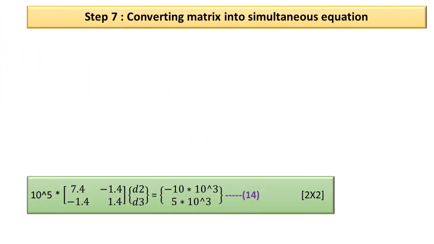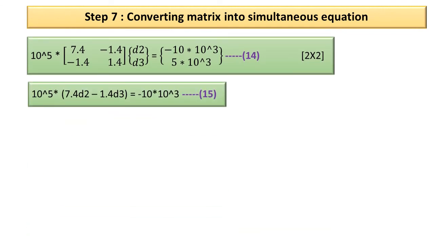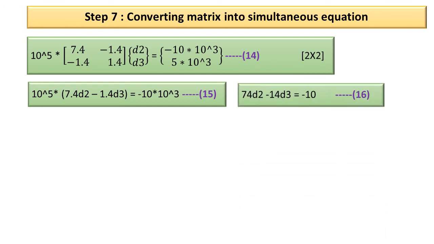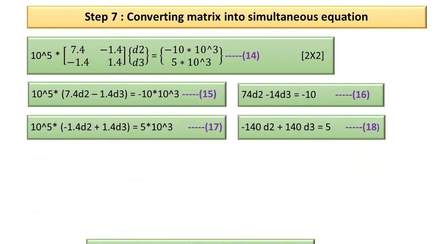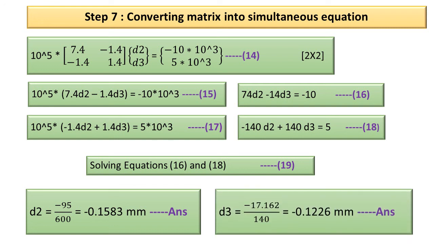Now step number 7 is converting the matrix into simultaneous equations. This 2 by 2 matrix equation number 14 can be solved by the simultaneous equation methodology. After solving these two equations, that is equation number 16 and equation number 18, we get D2 as minus 0.5183 and D3 as minus 0.1226.